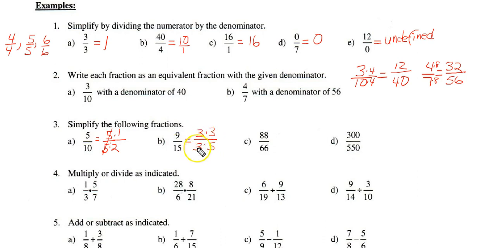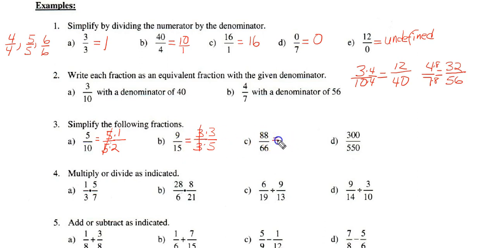If I take out now this 1, which is a 3 over 3, I'm left with a simplified form, 3/5. Now, 1/2 and 5/10 are equivalent fractions. That is, they have the same value. 3/5 and 9/15 are equivalent fractions. They have the same value.